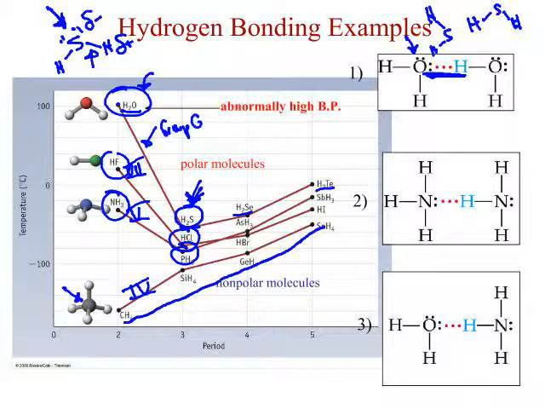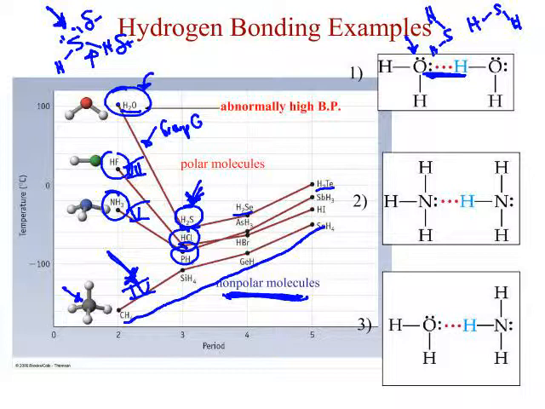The reason for this is that these molecules are all non-polar, and they are not capable of dipole-dipole attractions or of hydrogen bonding. They have a different type of intermolecular force of attraction, but in the absence of hydrogen bonding, this right here is the trend you would expect to see.